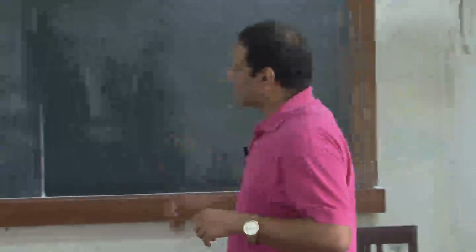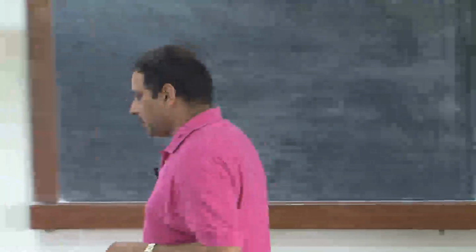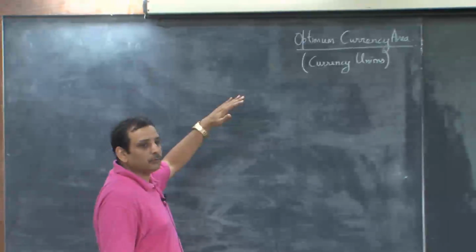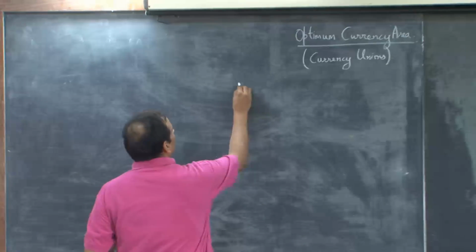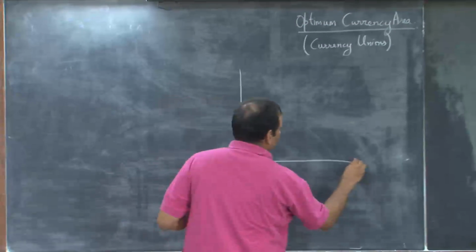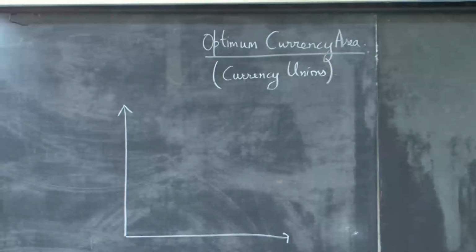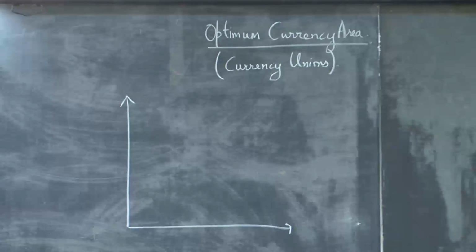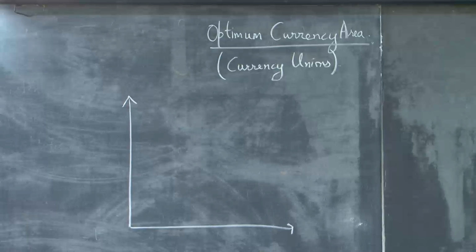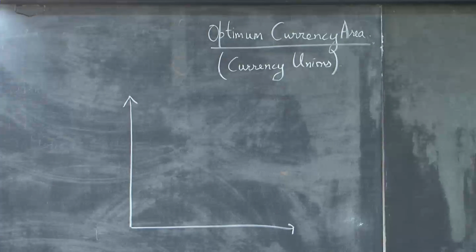Now when you have these currency unions, the problem comes that you need to take care of the change in the demand and supply of foreign exchange, because at the end you want to maintain a parity.